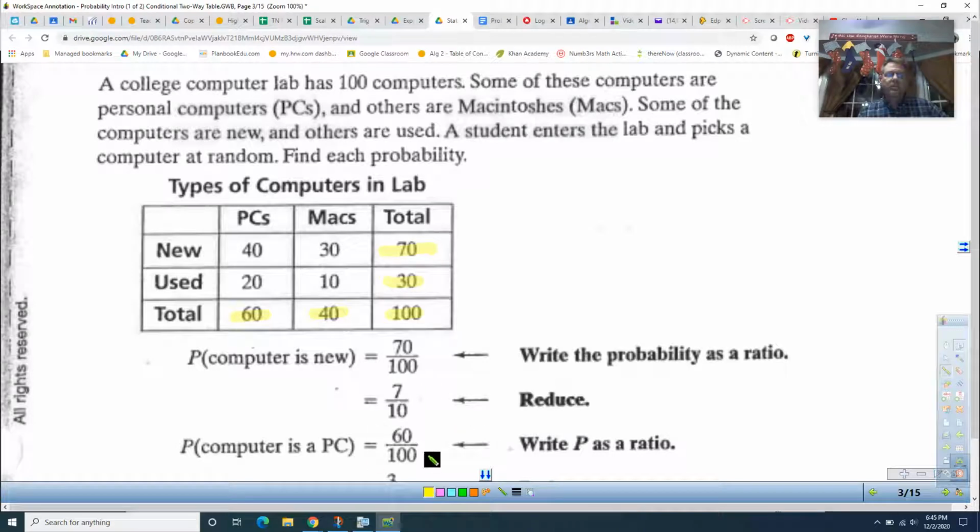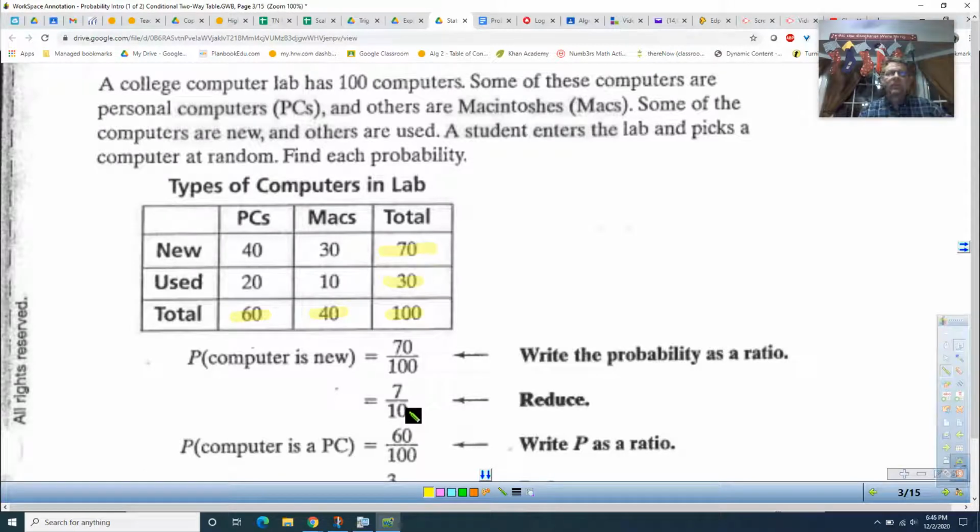Let's go through these examples. This is the probability that if you pick the computer at random, it is new. Out of every computer in the lab, that's 100, there are 70 that are new. So 70 over 100, and of course you always reduce your fractions, so the probability is 7 over 10.